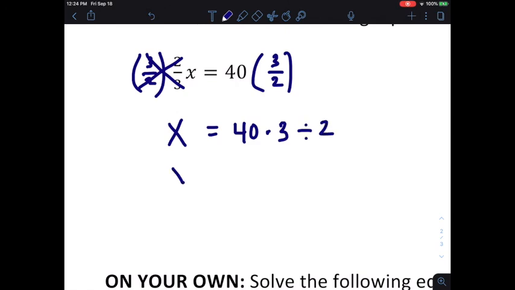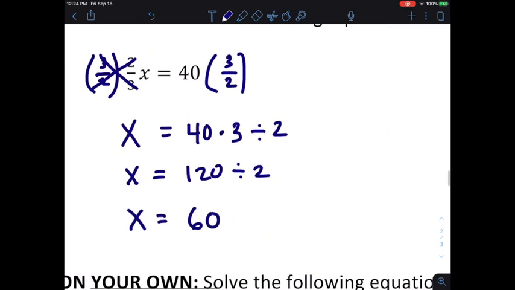So 40 times 3 is 120, if we work left to right. And then 120 divided by 2 is 60. Okay, so we're multiplying by the top number, then dividing by the bottom number.